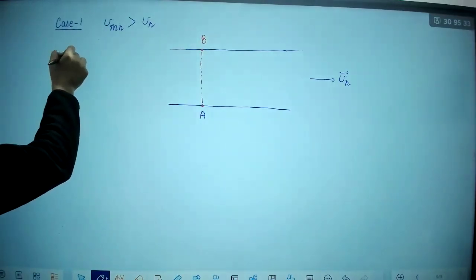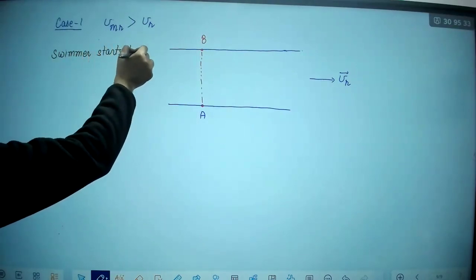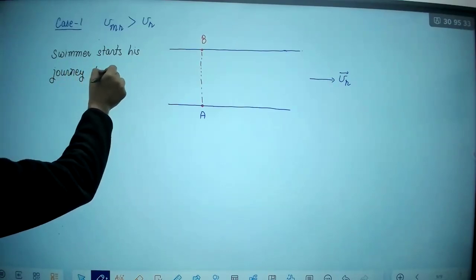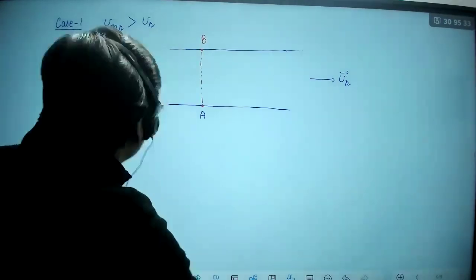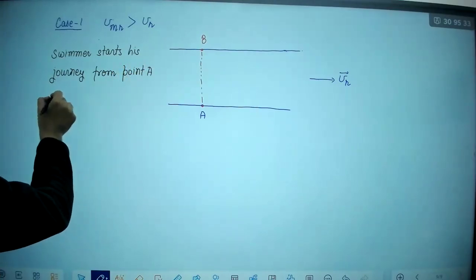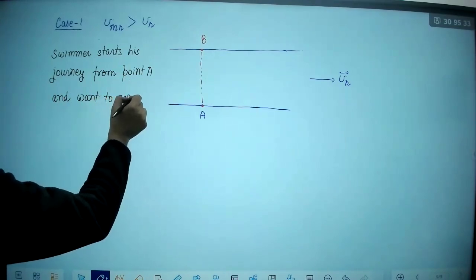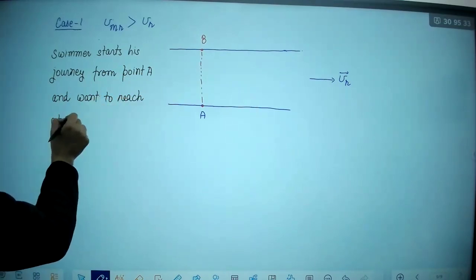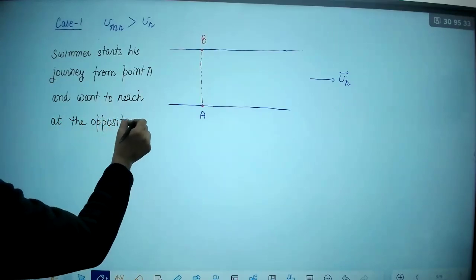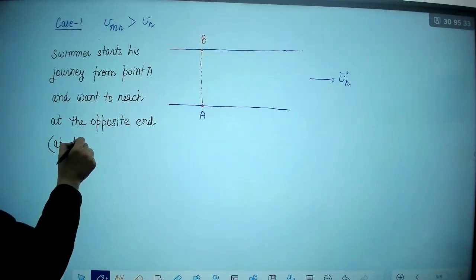The swimmer starts his journey from point A, and wants to reach the opposite end, at point B.